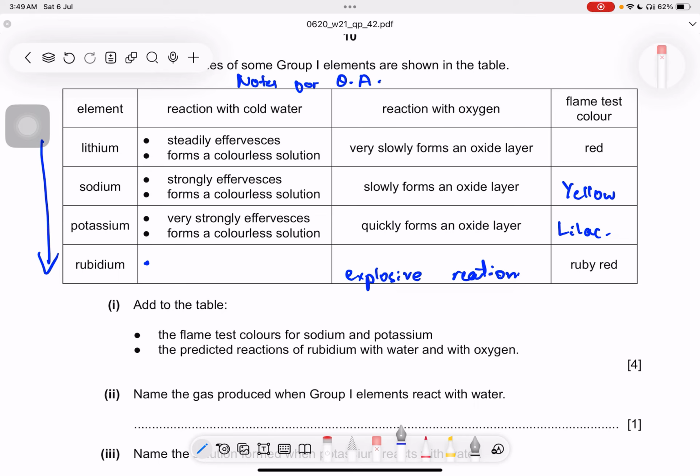We should indicate that the reactivity has increased, so stronger effervescence or vigorous reaction, and of course it forms a colorless solution.